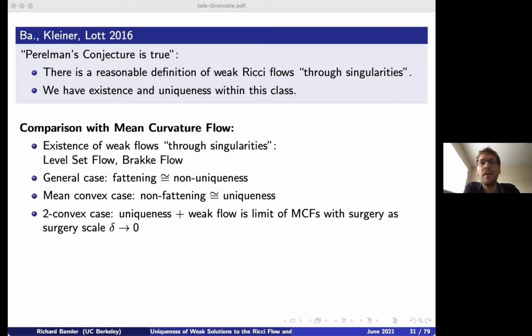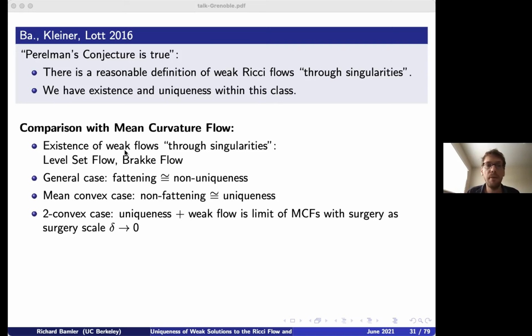Okay, so just to avoid misunderstandings here, Ricci flow with surgery is given by a sequence of Ricci flows. And now we want to look at a sequence of Ricci flows with surgery and let them converge to some limiting kind of object. Okay, so we're going to look at a sequence of sequences. All right, so I'm going to explain this in more detail on the next slide.